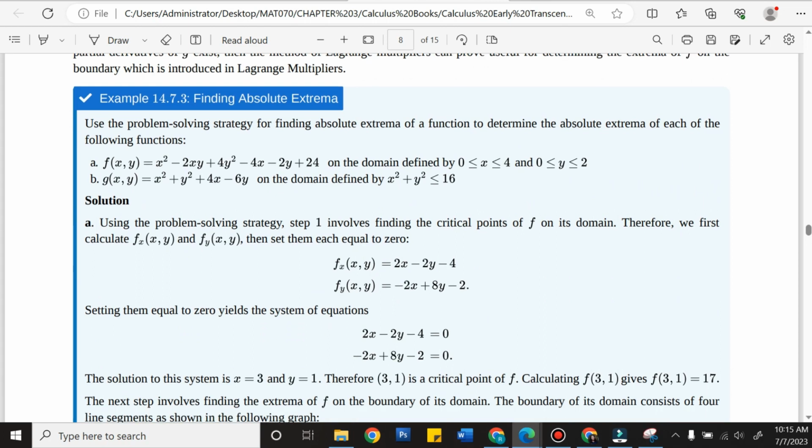Okay, so let's now have this example. Now we will try to find the absolute extrema. So let's solve letter A. Our domain here is from 0 to 4 for x and 0 to 2 for y. Your function is x squared minus 2xy plus 4y squared minus 4x minus 24 plus 24.